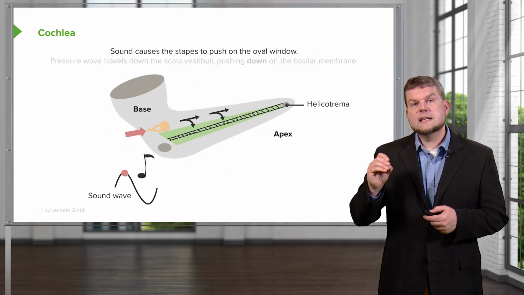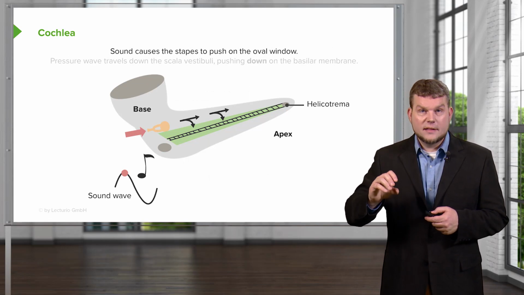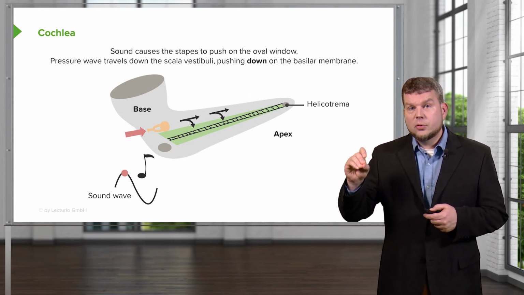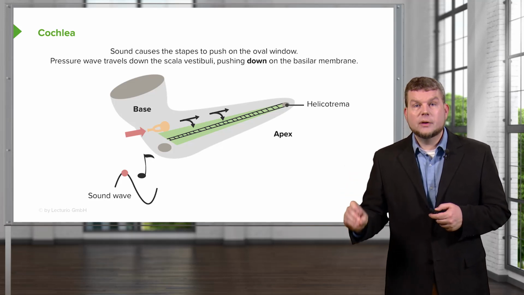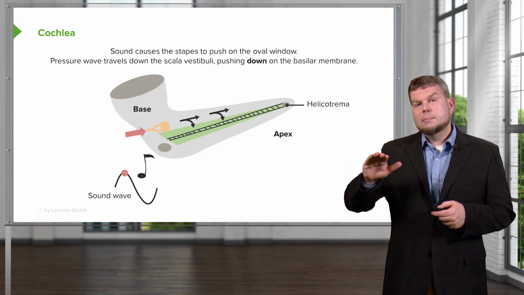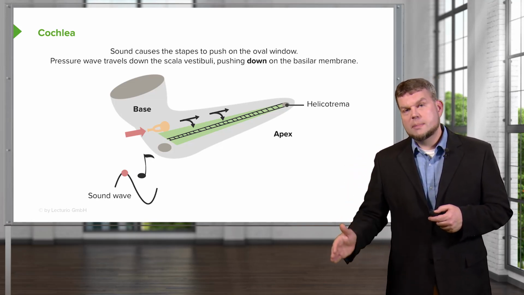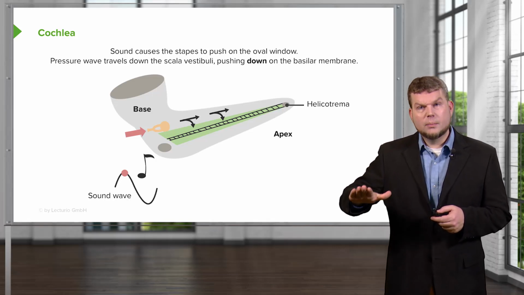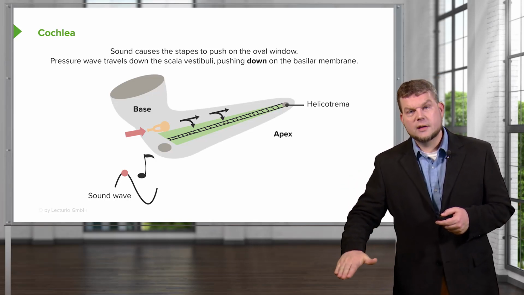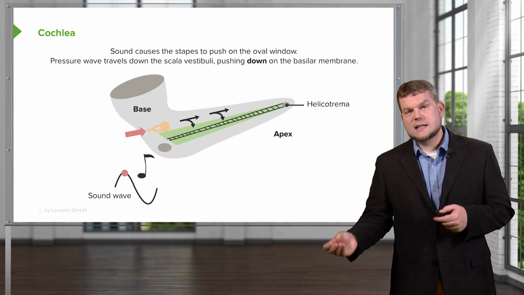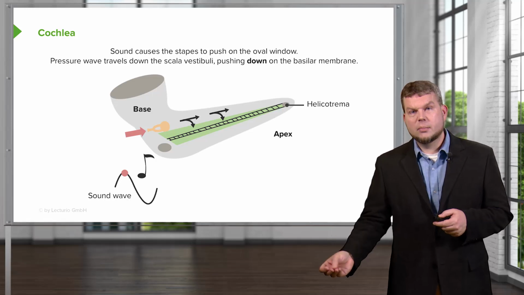How this works is the sound causes the stapes to move against the window, and the pressure travels down against the organ of Corti. So by pushing down in certain spots, think of it like a waterbed, where you're pushing down in a certain part, you're leaving that up. It has then been sensed as a pressure change in the membrane below.